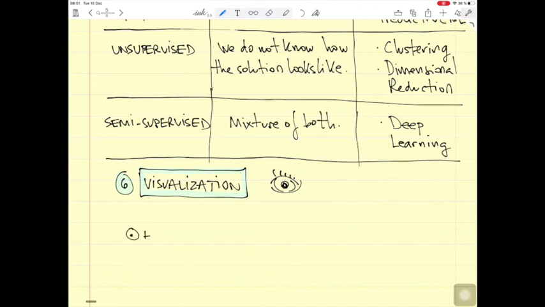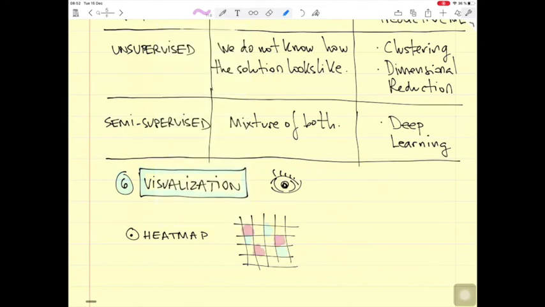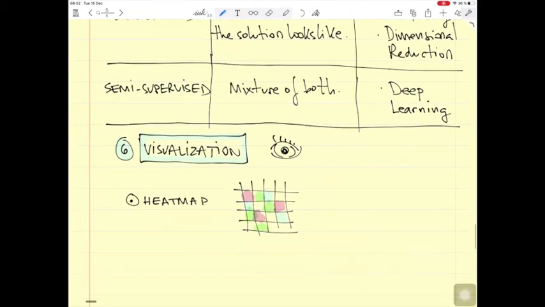Here we use a heat map to represent correlations. Or we use 2D representations, the KPI.